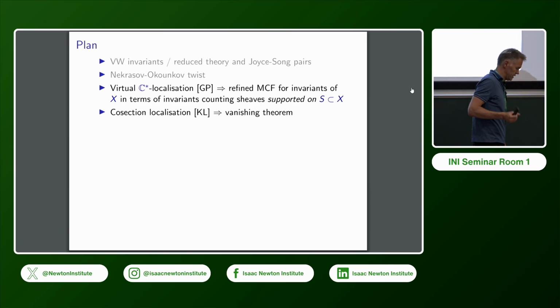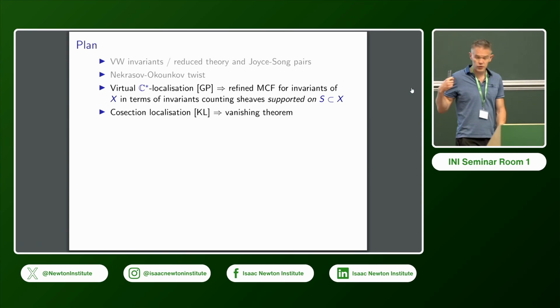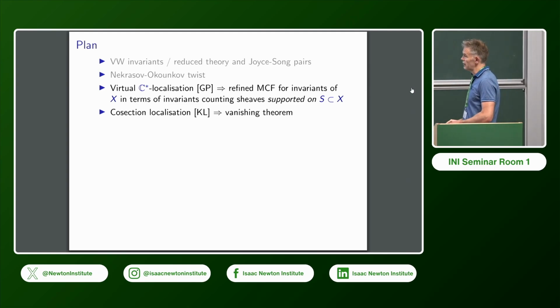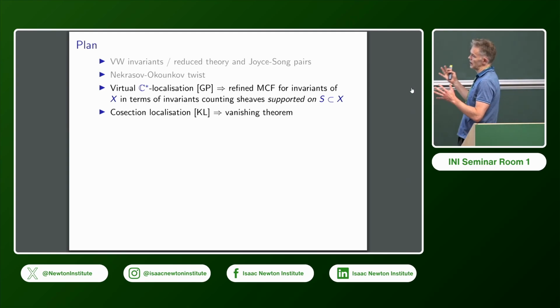That's also a C-star invariant sheaf, and you can prove, as I'll explain, that they don't contribute. So everything reduces quickly, via a multiple cover formula, to a computation of sheaves supported scheme theoretically on S. So that reduces the complexity enormously.